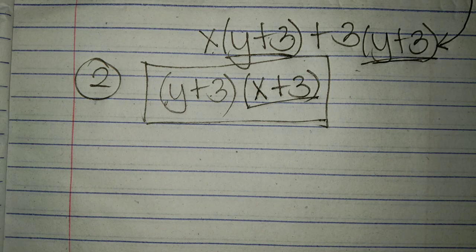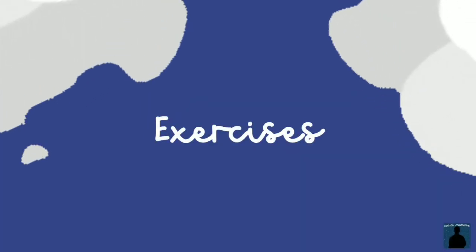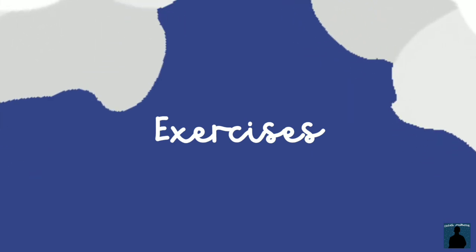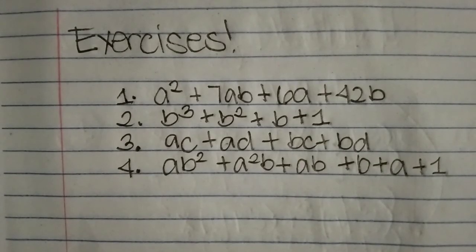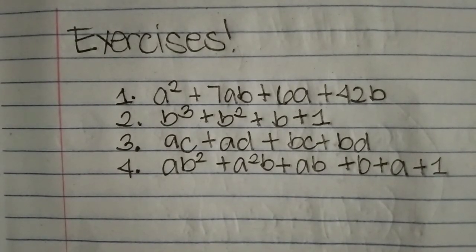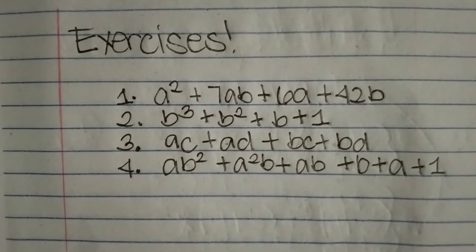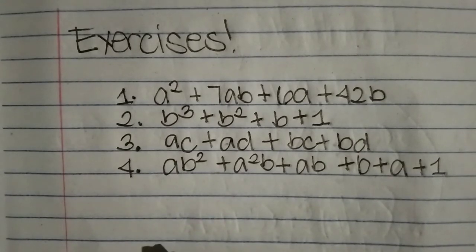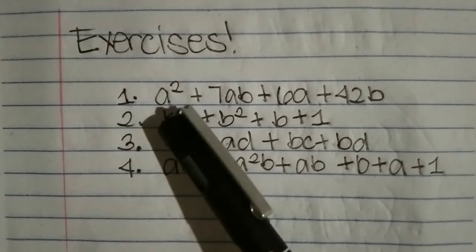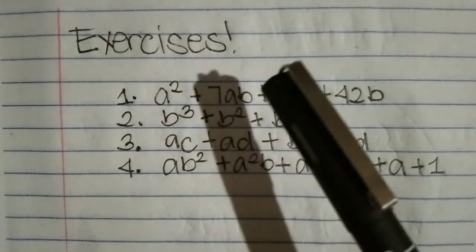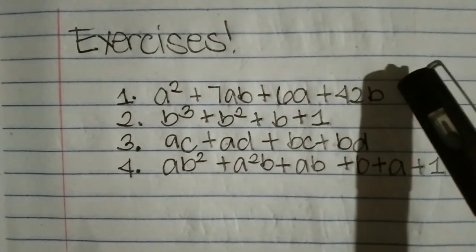Now, let us have some exercises so that we can check if you really mastered this topic. Here, we have 4 problems. We have number 1, a squared plus 7ab plus 6a plus 42b.